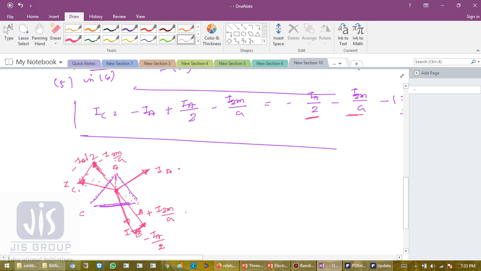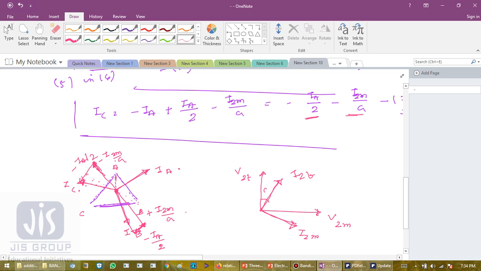So this is for 3-phase side, and for 2-phase side the phasor diagram is this is V2M, this is V2T, lagging power factor, current lag. So this is I2T, and this is I2M.